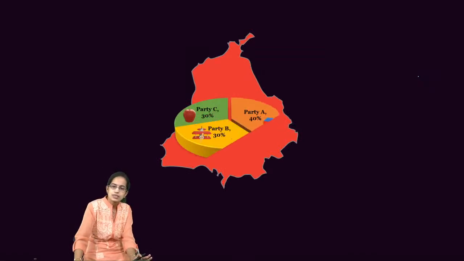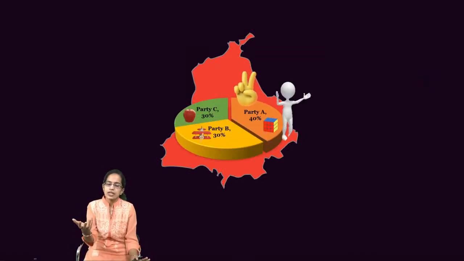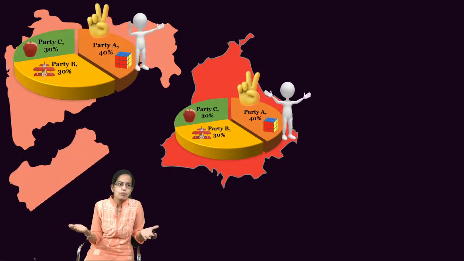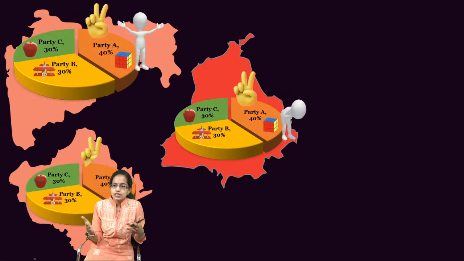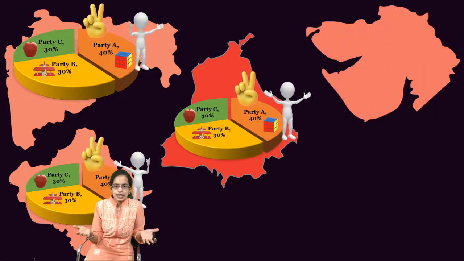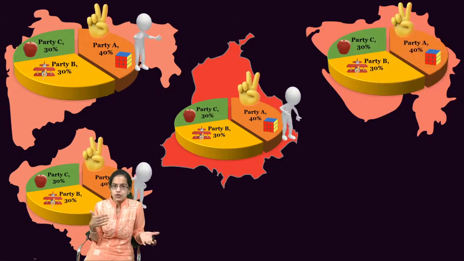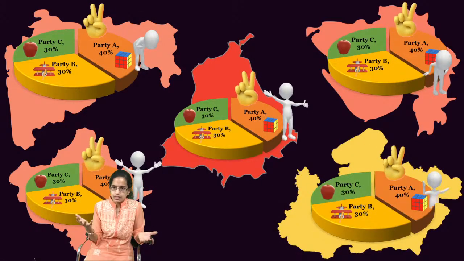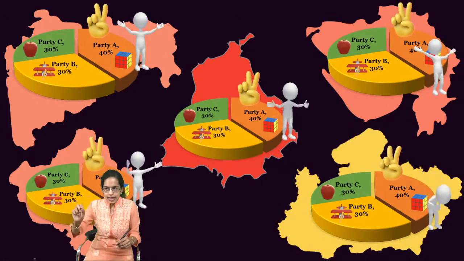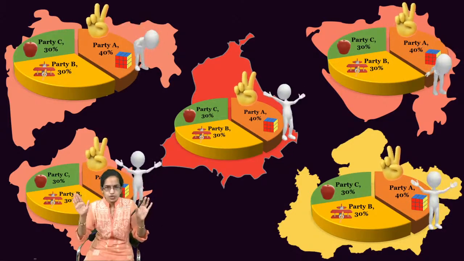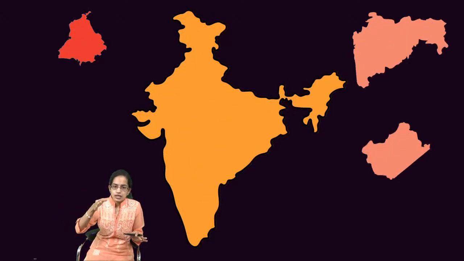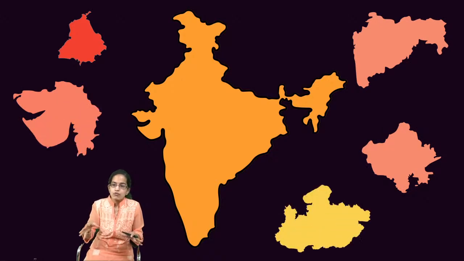So the proportional representation system is again simple. Let's say I am taking the example of 5 different states from India, and in each of the states, party A receives 40% of the vote, party B receives 30%, and party C receives 30%. Now the party A candidate in all of the states would be selected based on the first past the post system. Now when it comes to the representation in India, what would happen?